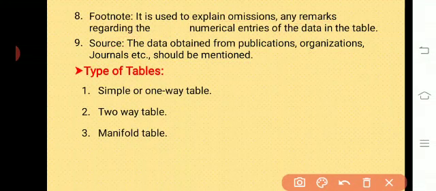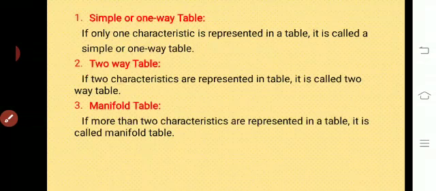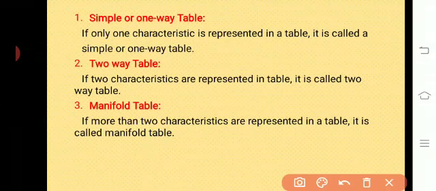Then there are different types of tables. First is the simple or one-way table, then the two-way table, and the last is the manifold table. We'll see in detail. First we'll see the simple or one-way table.